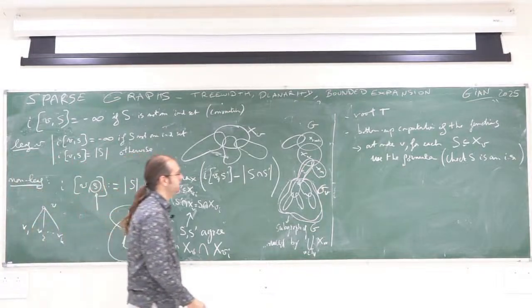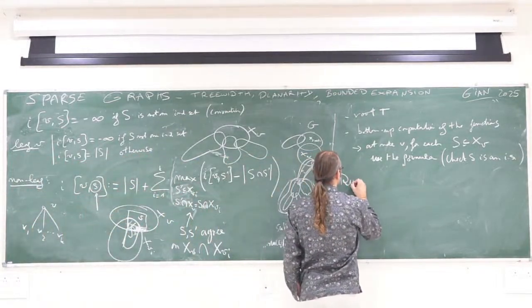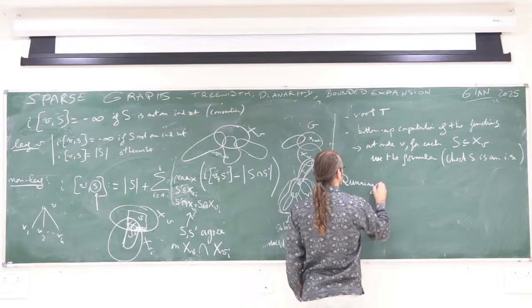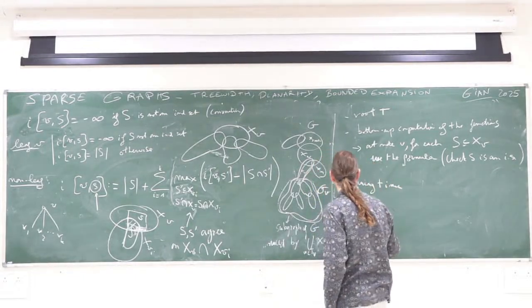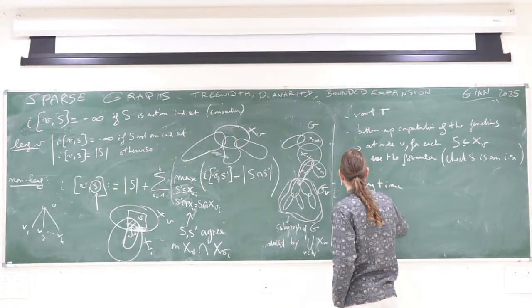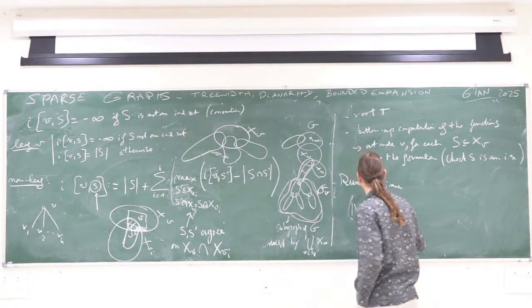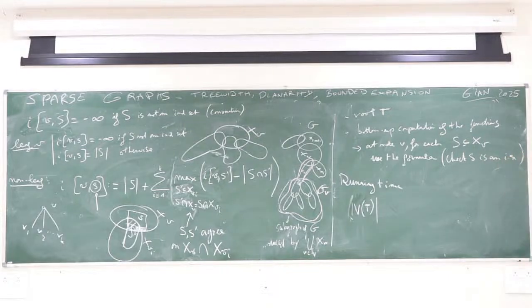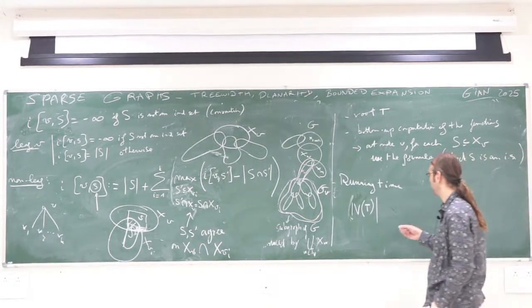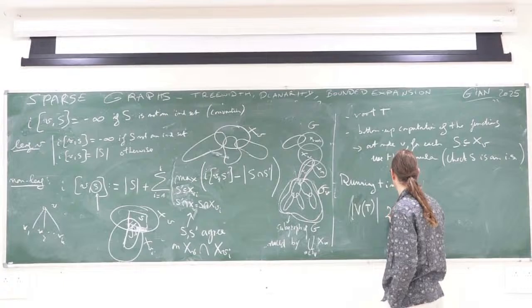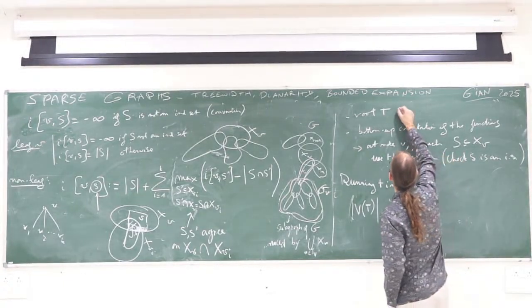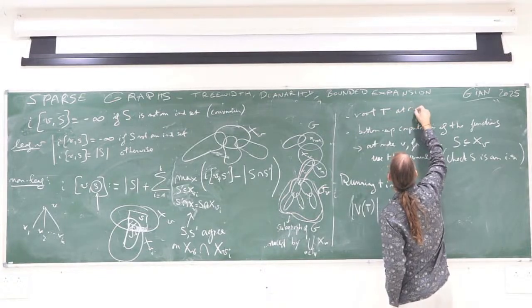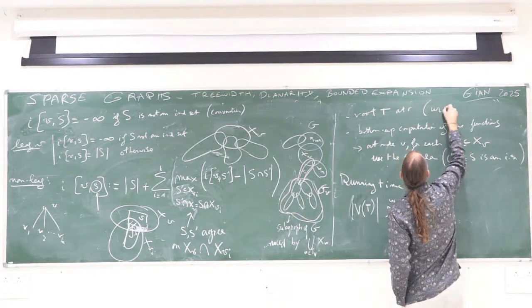So what's the running time? For every node of your tree decomposition, what you're doing: let's say it has width w.